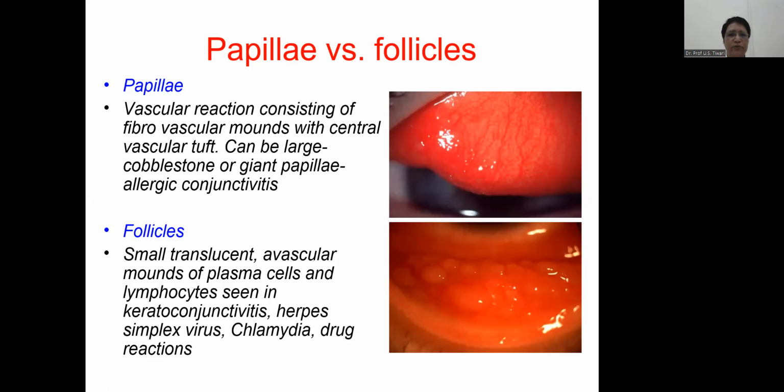It can be large cobblestone or giant papillary allergic conjunctivitis. There is papillary hyperplasia, whereas the follicles are small, avascular mounds of plasma cells and lymphocytes seen in conjunctivitis, herpes simplex virus, chlamydia, and drug reactions.